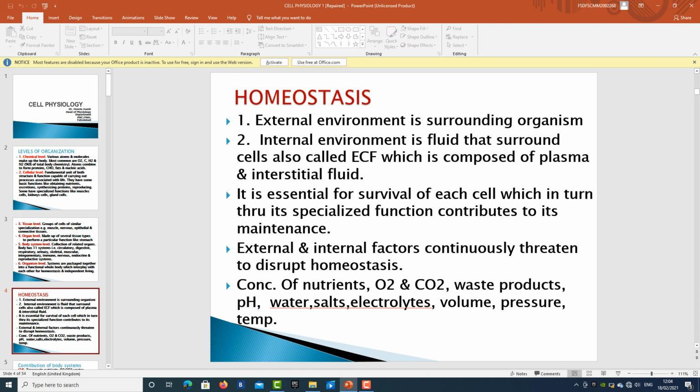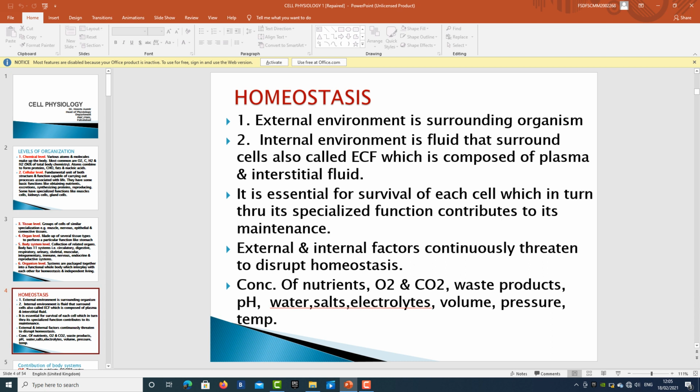Now, both the external environment as well as the internal environment factors continuously threaten to disturb the normal functioning of the human body. If there is disruption of normal functioning of the human body, we can label that there is disruption to the homeostasis of that particular person. The concentration of nutrients, oxygen, carbon dioxide, waste products, pH, water, salts, electrolytes, volume, pressure, temperature, these all are the different factors.